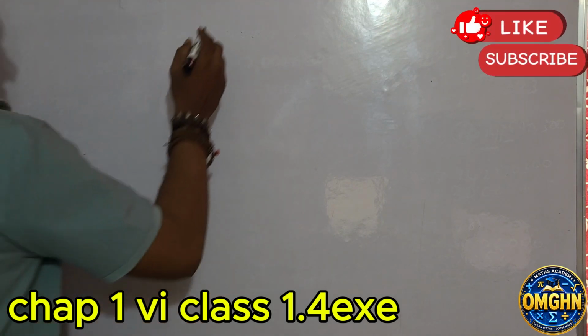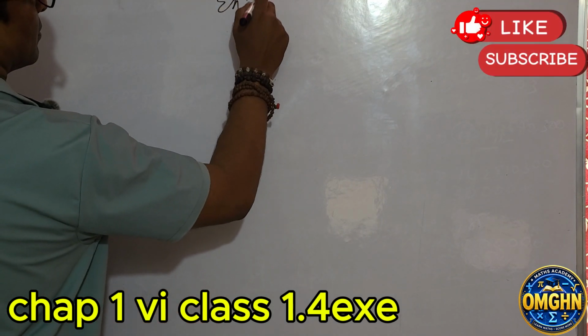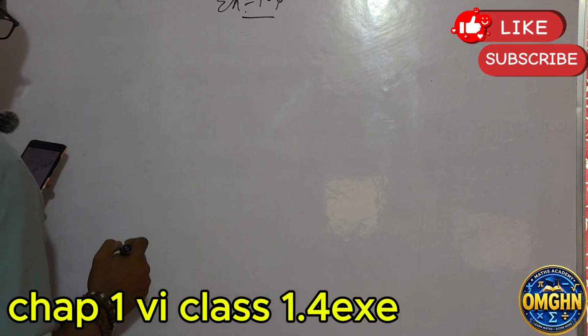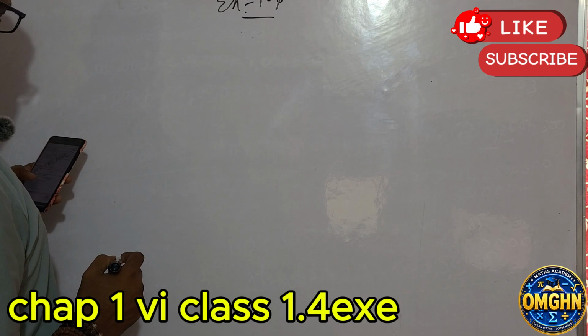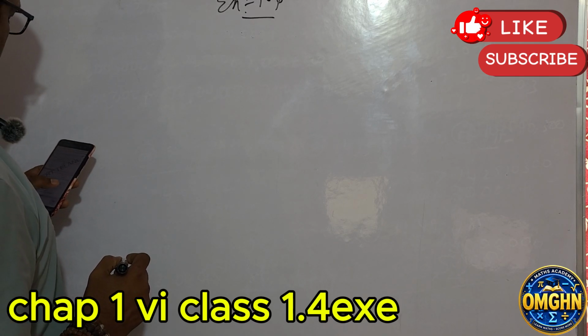Exercise 1.4. The question is: write the numbers using commas according to the international system of numeration.